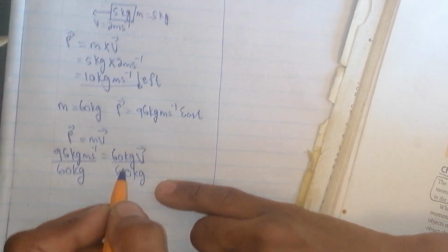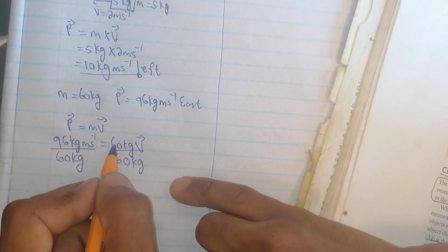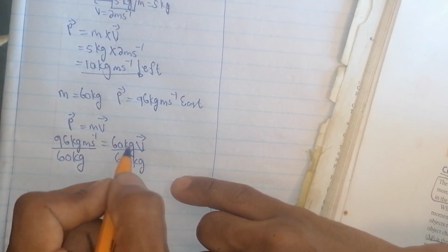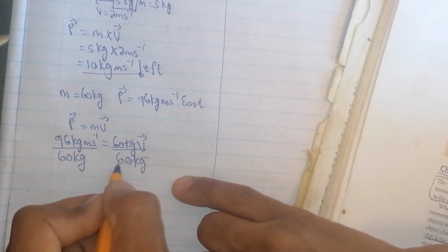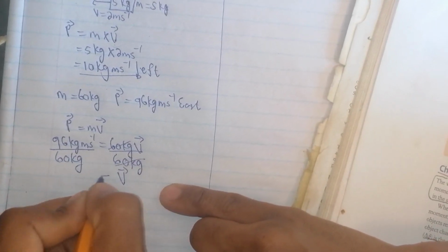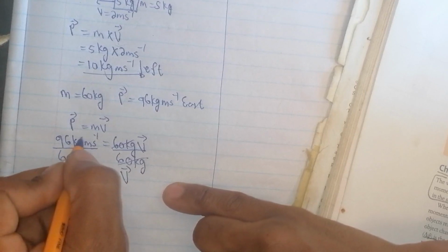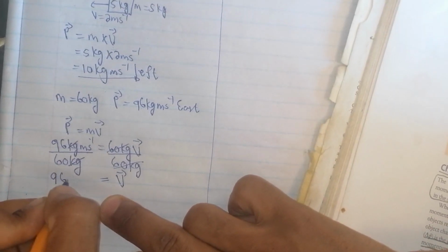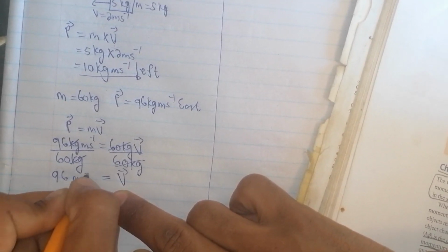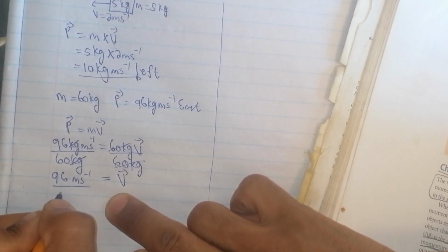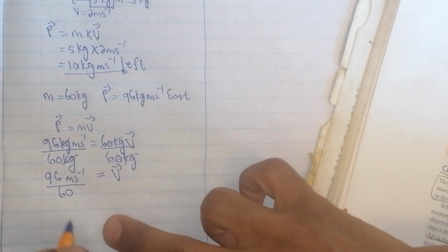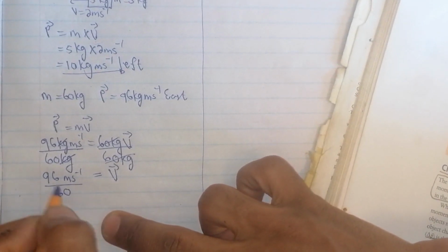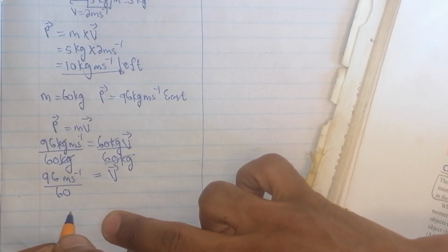Please be very careful there. You don't just divide by 60, you're dividing by 60 kilograms. So this into this will go once. Velocity as a vector, kilogram will cancel with a kilogram. You will be left with 96 meter per second divided by 60.